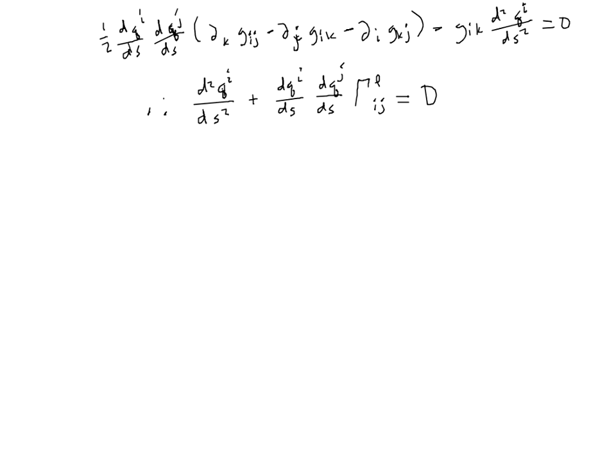So another thing is if we look at v_k dq^k/ds. This is a scalar quantity located on the geodesic. So this is basically some vector dotted with some velocity. And so let's say we take the derivative of this.